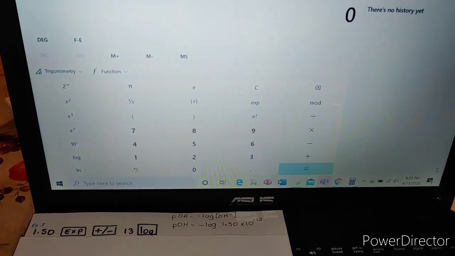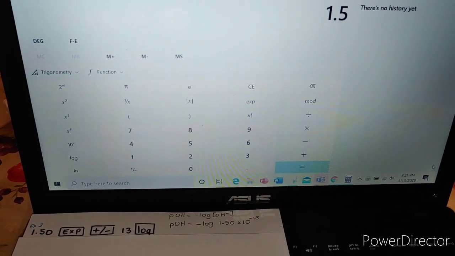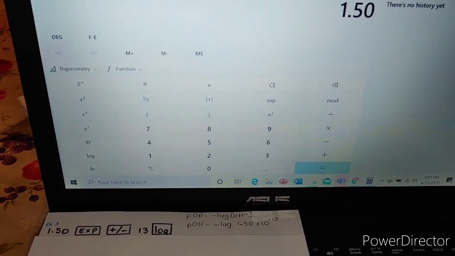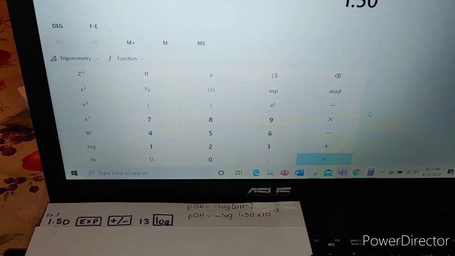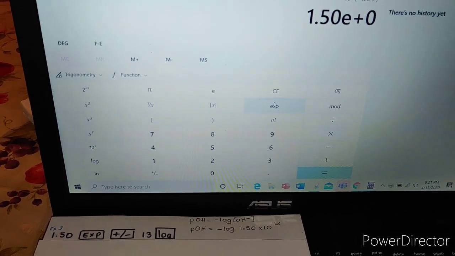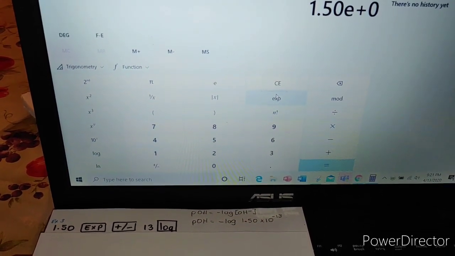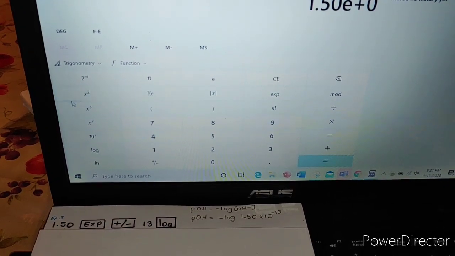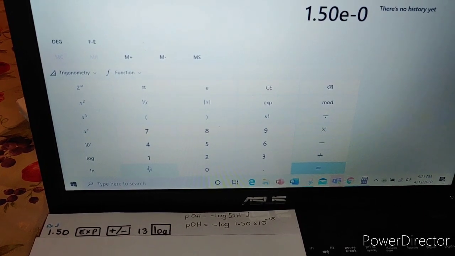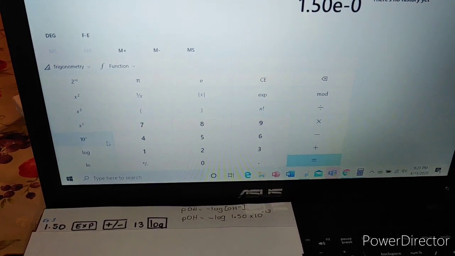We're going to put 1.50, and then we're going to click on the exponent key. Looks like that. Because the exponent is negative 13, we're going to press on the plus or minus and then type in 13.